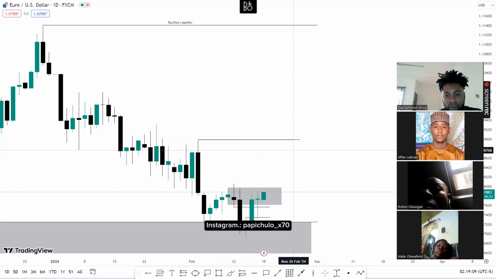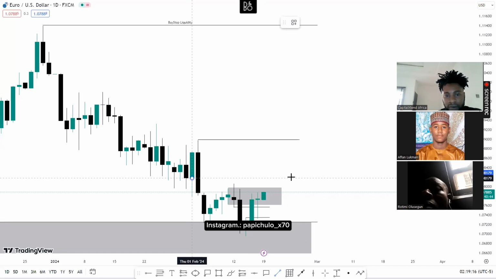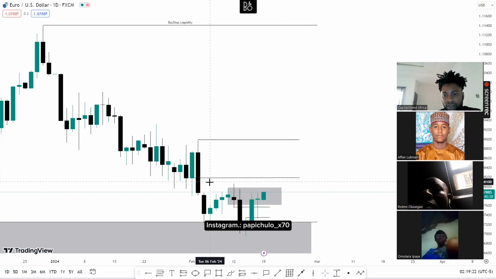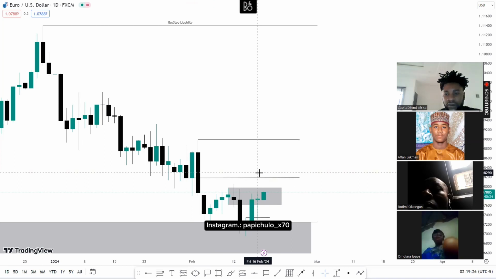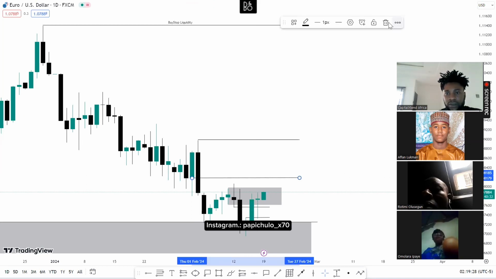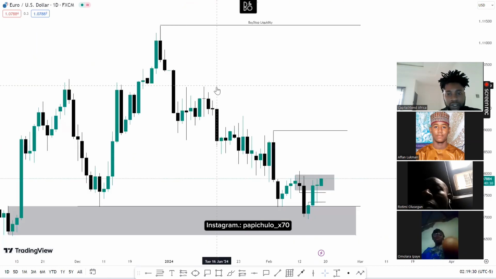And of course, I want to know how price is going to react from this other block here. Another close above this other block is a very, very strong confirmation for us.